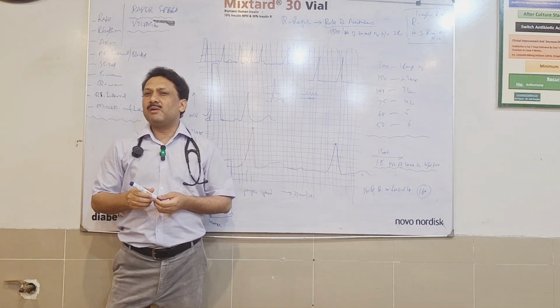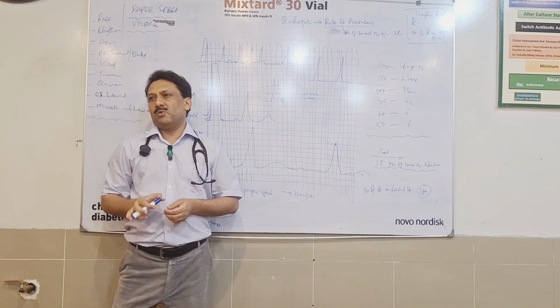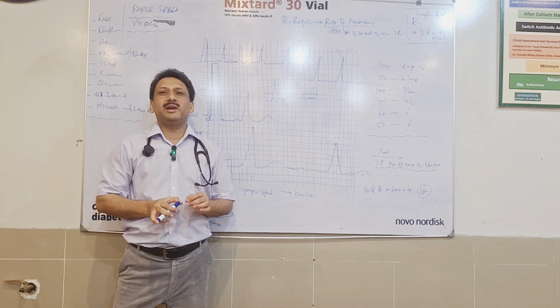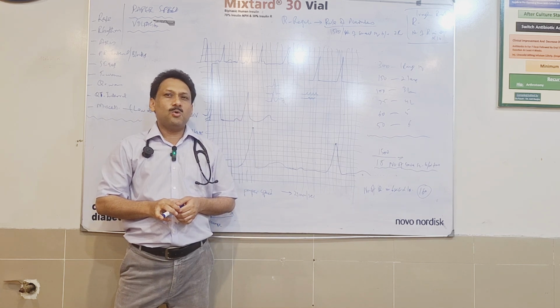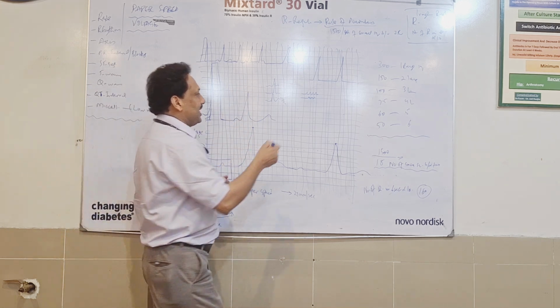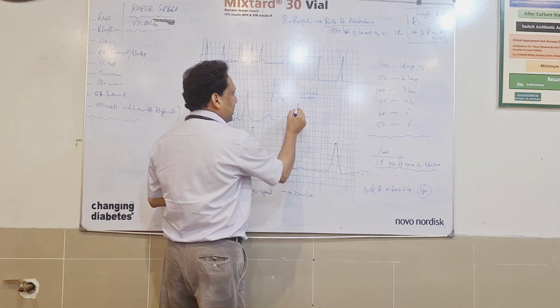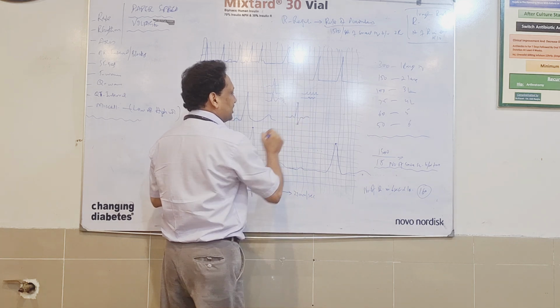What is a normal voltage? And how do you calculate the normal voltage? A normal voltage is calculated by counting the total size of the QRS complex, and when I am talking about the total size, this is what I mean, from this point to this point, right?